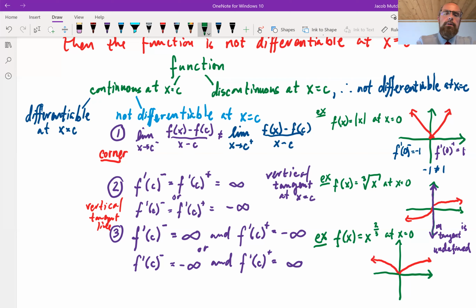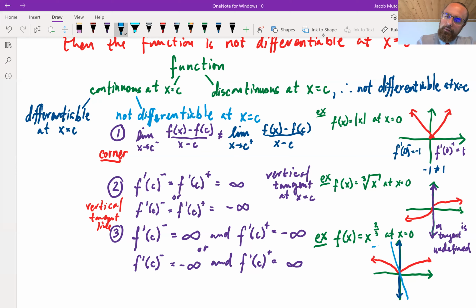At 0, our tangent line again is vertical, but the difference in the limits from the left and the right, the limit from the left, if I think about how that left-hand side would approach the vertical asymptote, it would have a negative slope. I'll say it's a negative m.